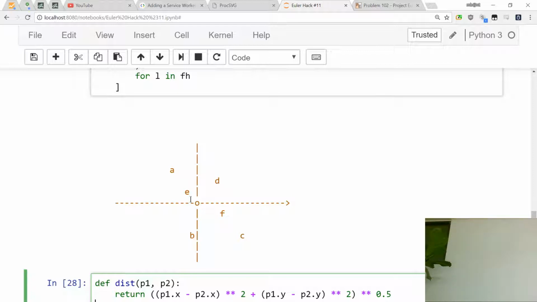I'm just thinking if there's a way to do it like this. We can compute the line formula actually. Well, we draw every line and we mark every axis that we crossed, I guess.